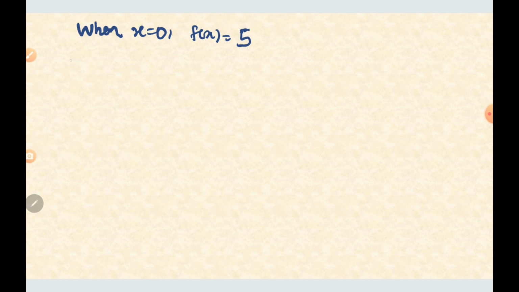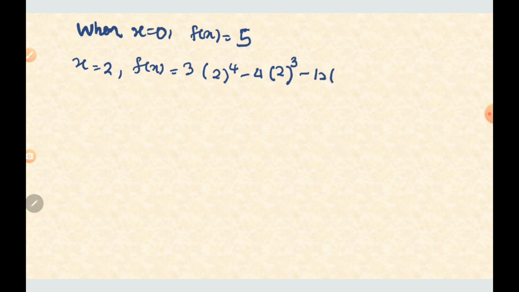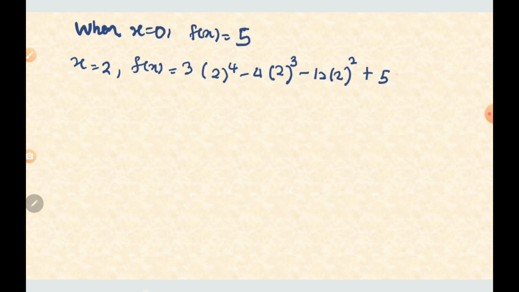Okay, secondly, when x equals 2, you need to substitute 2 into the function, so f(x) will become 3 times 2 to the power of 4 minus 4 times 2 to the power of 3 minus 12 times 2 squared plus 5, and the answer is negative 27.